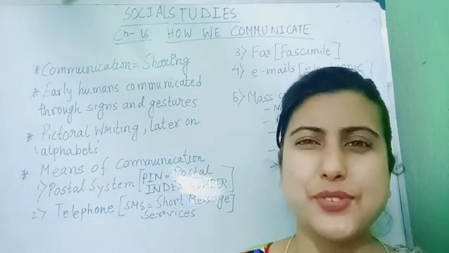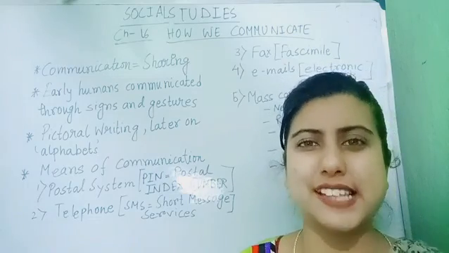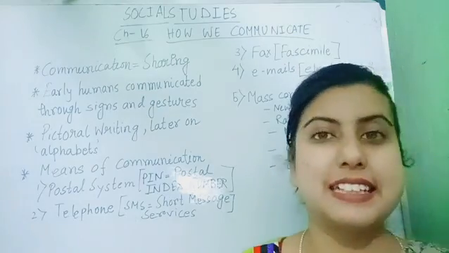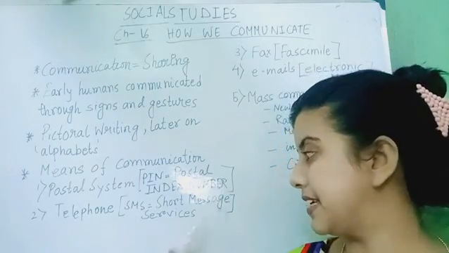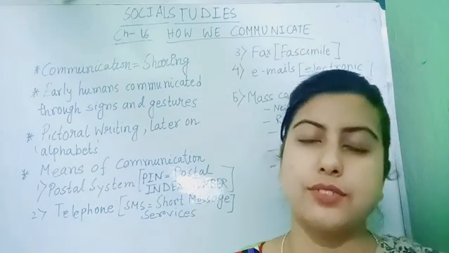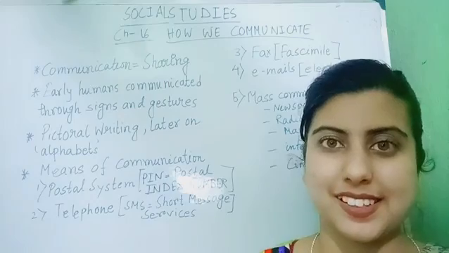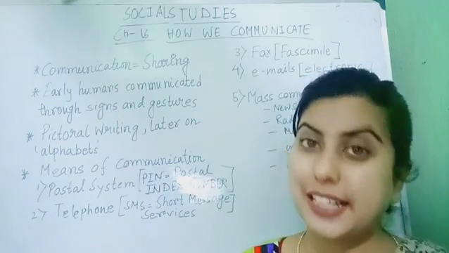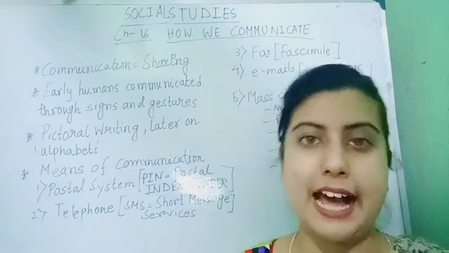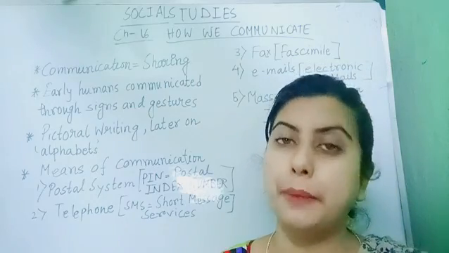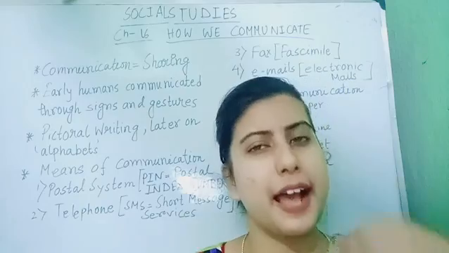Now in today's world, we also send SMS. SMS is called short message service and we send messages over these SMSs. We use telephone, mobile phone and SMSs to communicate with the people who are far away from us.